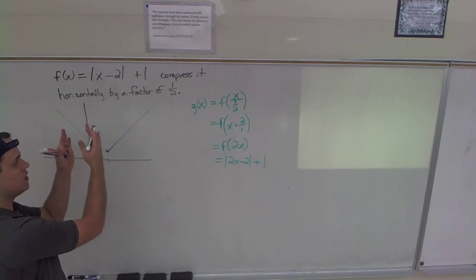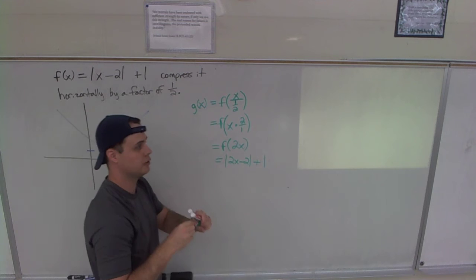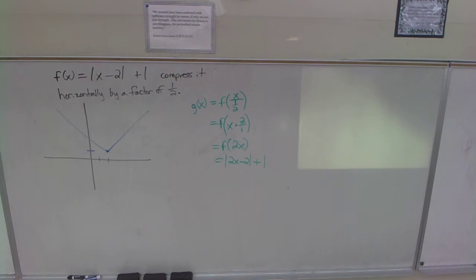Let's see if it actually did this kind of thing with our calculator. So I'm going to put my original function for comparison. Don't skip out on that. That's always important. You want to be able to compare. Oh, I'll put it right here.